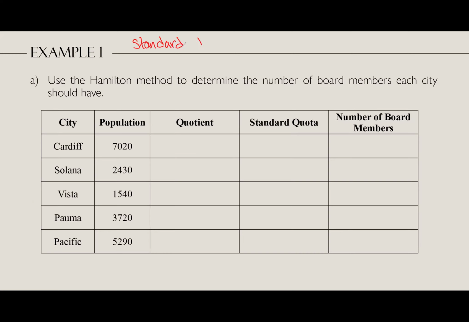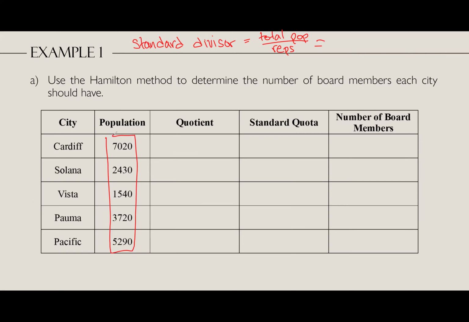The standard divisor was the total population over the number of representatives. So what's my total population here of the entire county? Well, if I want the total population, I know the population of my 5 cities that we're accounting for.